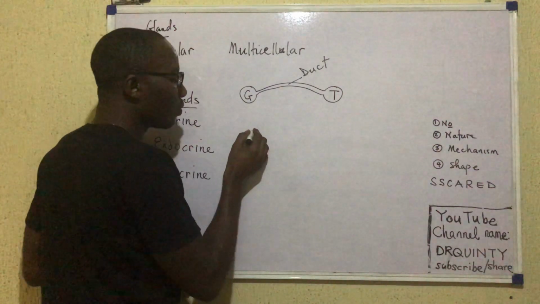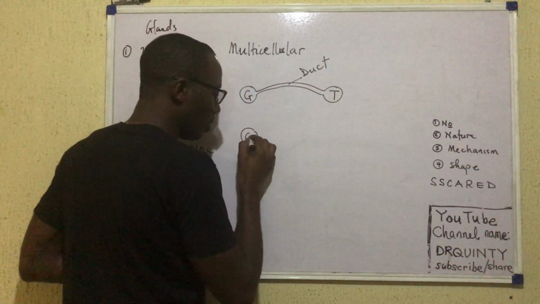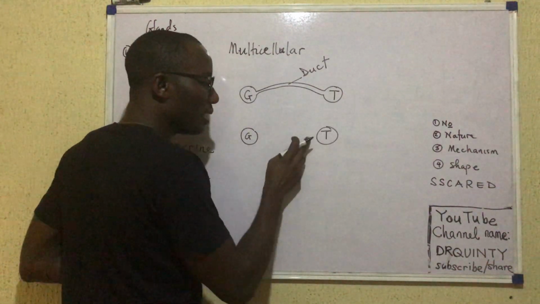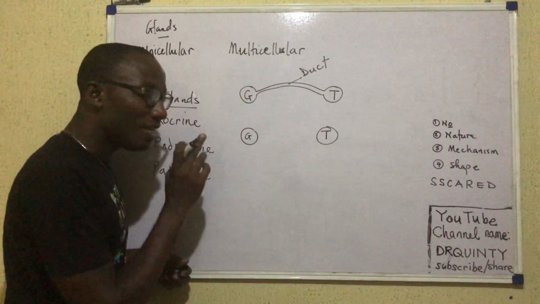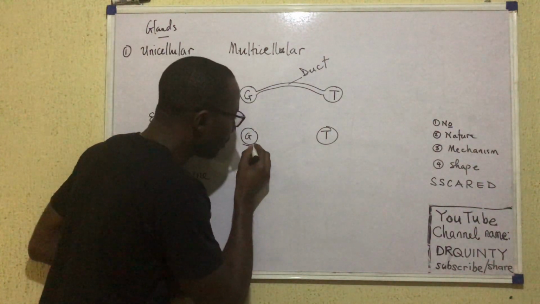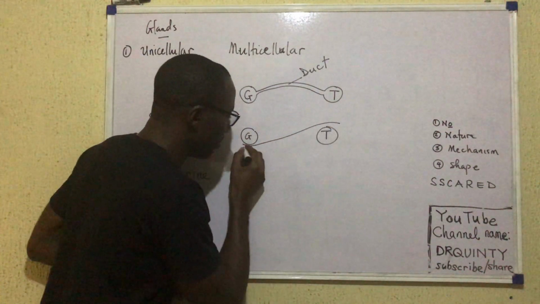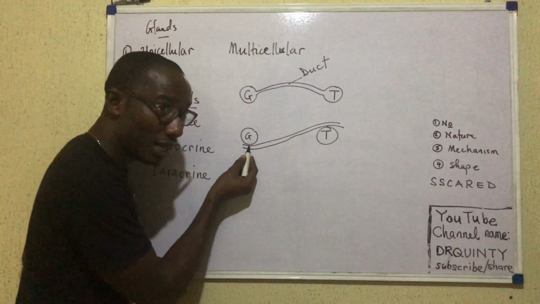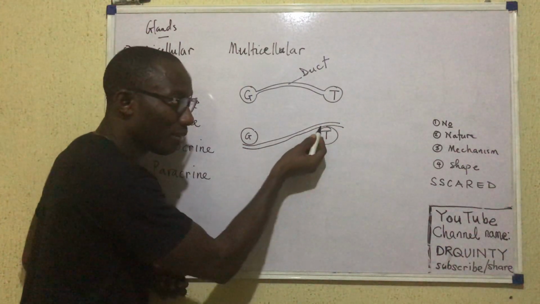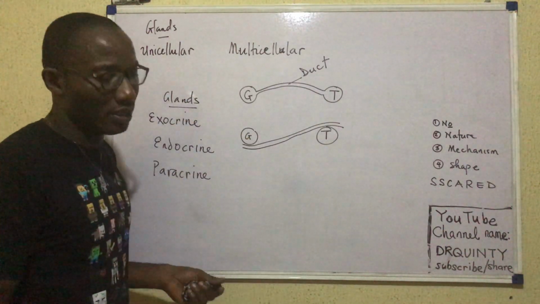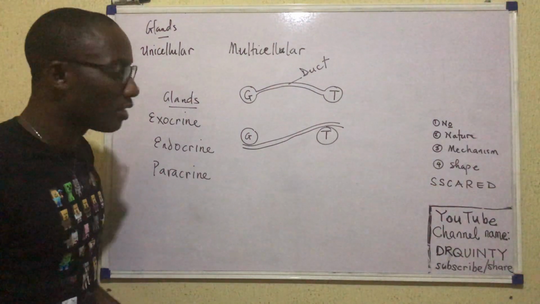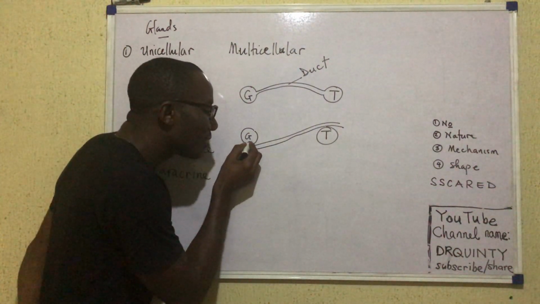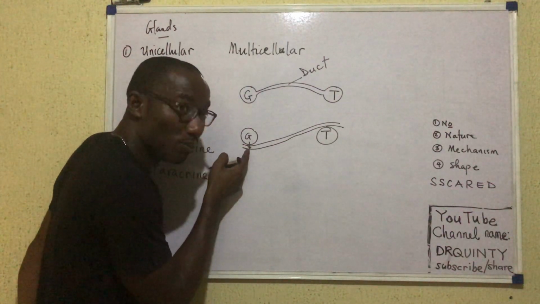But there's another case where you have a gland, G, and then you have the target here, T. Between them, there's no tube. Instead, when blood is transported around the body, it is possible that a blood vessel passes beside the gland like this, and that same blood vessel, or a different blood vessel as a matter of fact, can pass through the target, so that the secretions within this gland are sent into this blood vessel.